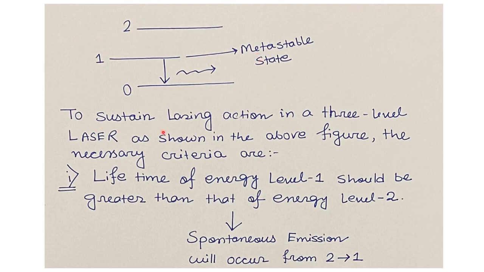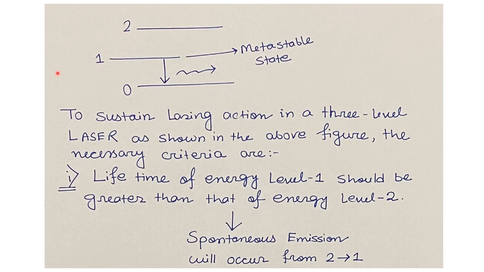To sustain the lasing action in a 3-level laser as shown in the above figure, the necessary criteria are: the first one is that the lifetime of the energy level 1 should always be greater than that of the energy level 2.